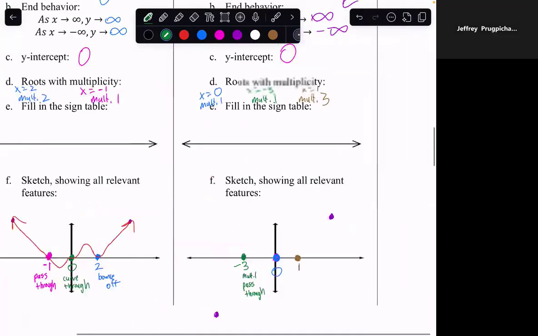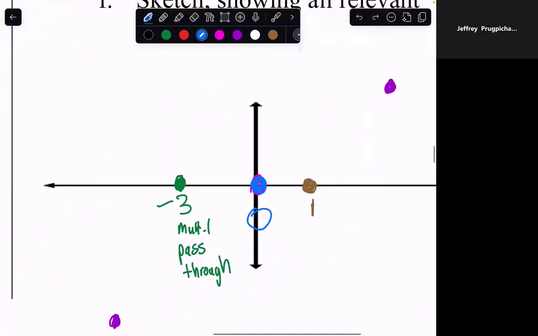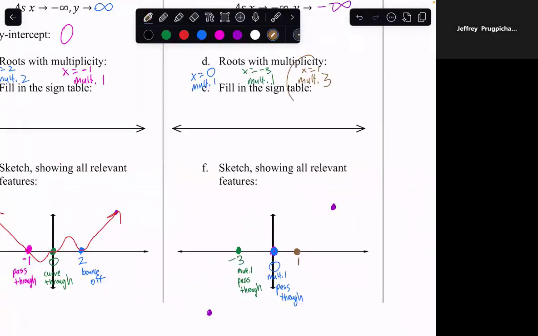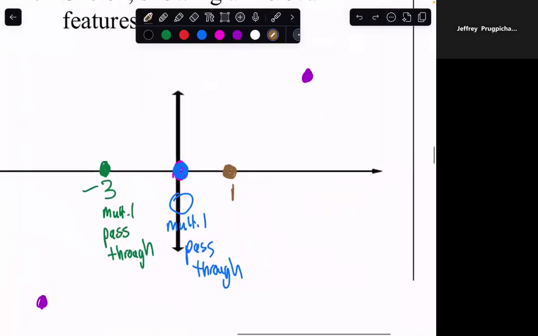The next root, x equals 0, also multiplicity 1, so that will also pass through. But lastly, the root of x equals 1 has multiplicity 3, so that one will curve through.